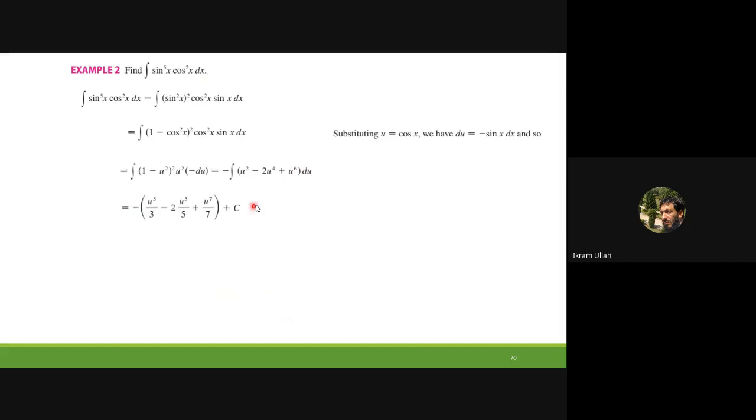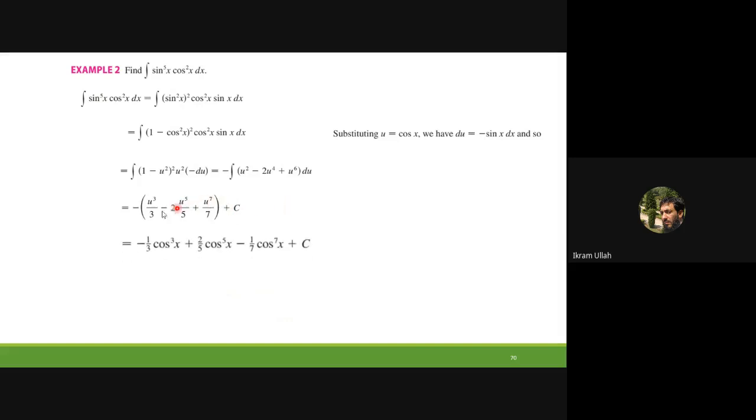Now applying the integral on each term, the integral of u square du is u to the power 3 divided by 3, because we increase the power and divide by it. We use the power rule: u cube divided by 3, then the power increases to 5 and we divide by 5, then the next power increases and we divide, and this is the constant of integration.